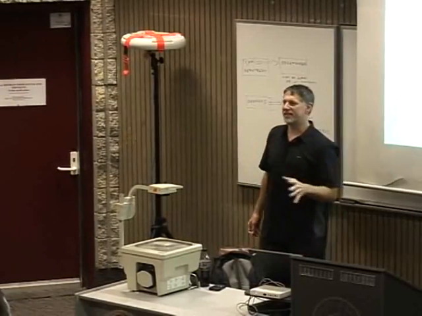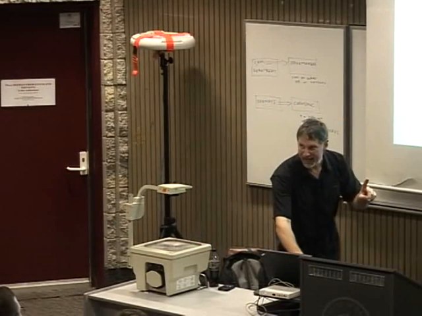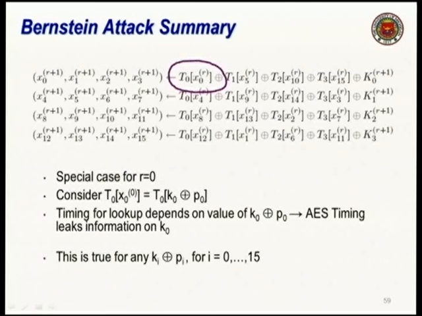The way Bernstein did this is he tries to listen to one single XOR in an operation that takes millions of cycles. It's that XOR right there. That XOR is going to take key 0, the 8 least significant bits of the key, and XOR it with the 8 least significant bits of the plain text. So he's going to listen to that XOR.